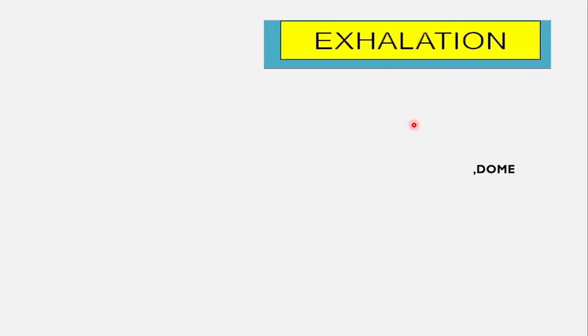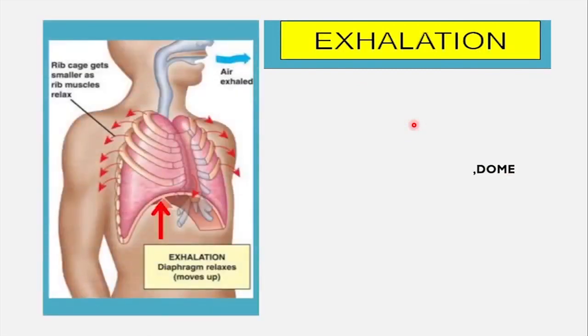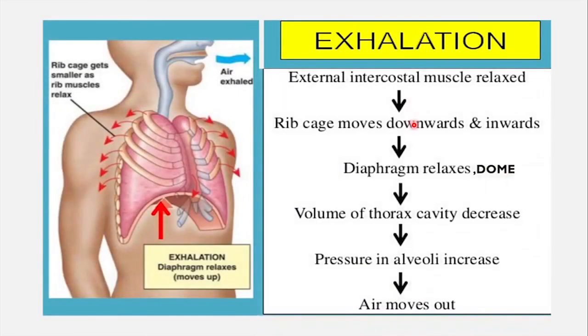We'll observe the simple flow chart of exhalation now. Exhalation takes place by the relaxation of muscles. When the external intercostal muscles relax, it causes the downward movement of rib cage. As a result, the thoracic volume decreases in the dorsoventral axis. When the phrenic muscles relax, diaphragm comes to its original position.